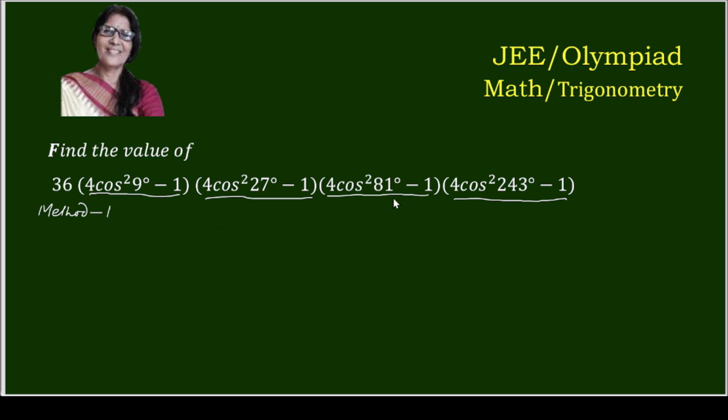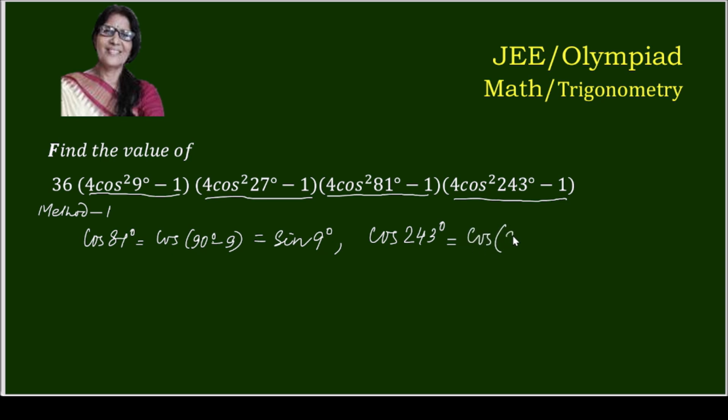What is it? It is using the complementary angles. We know that cos 81 degree can be written as cos of 90 degree minus 9 degree, that will be sin 9 degree, as well as cos 243 degree can be written as cos of 270 degree minus 27 degree, that will be minus sine 27 degree.